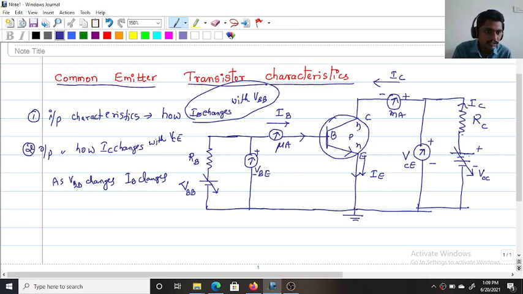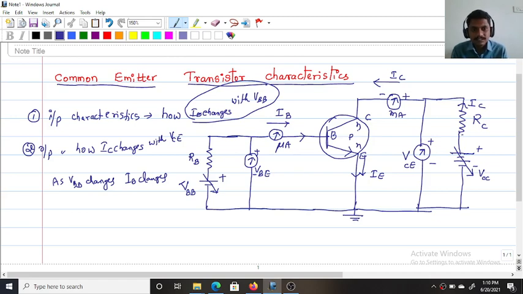There is one more battery. In any configuration, in transistor biasing, the emitter base junction should be forward biased. This is the plus terminal and this is the minus terminal. Plus is connected to P, the base region, and minus is connected to N, so it is in forward bias.